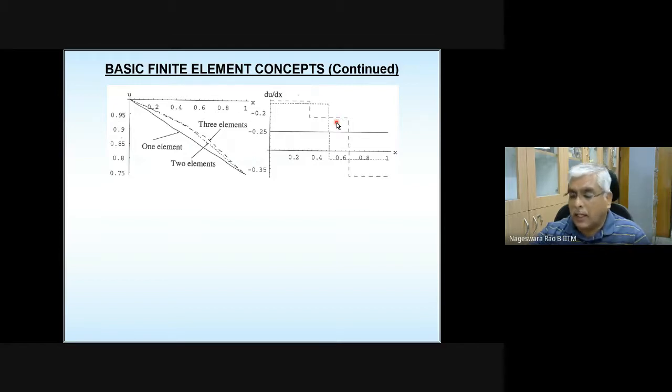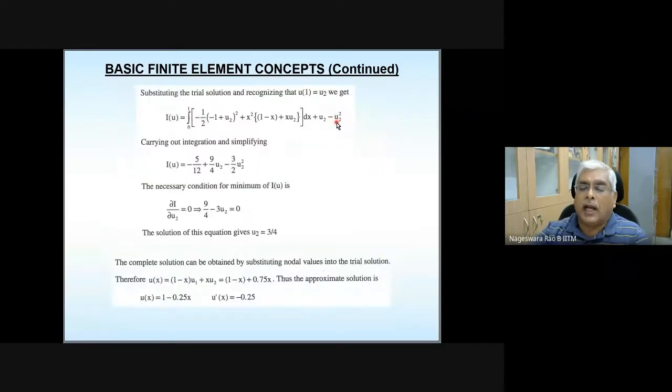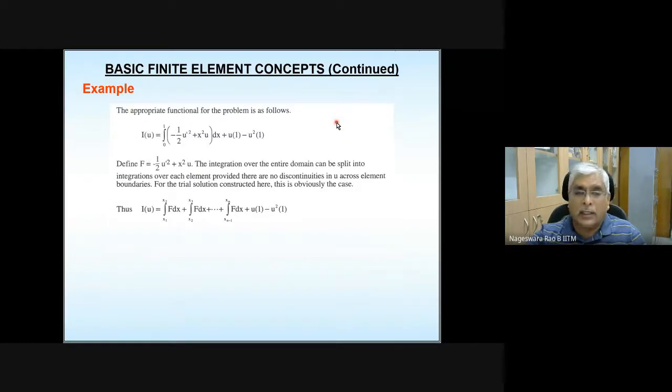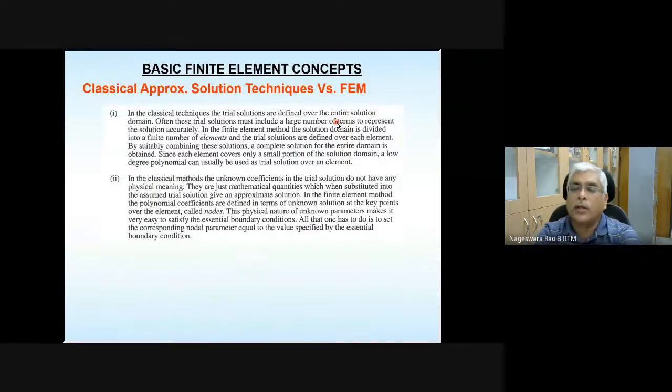So in summary, first of all, why did we do all this exercise? If you have followed the last 2 classes carefully, let's see why we started all this. We want to improve upon the solution that we get from classical approximate solution techniques. Before we started, we noted 2 points.